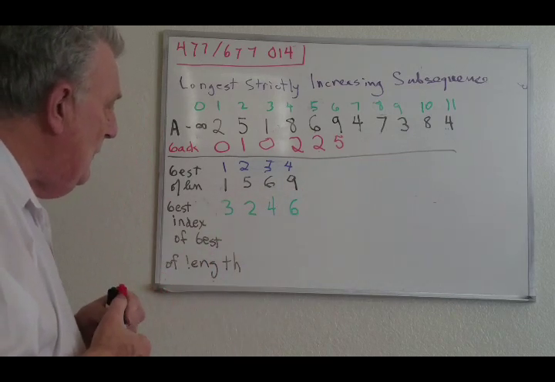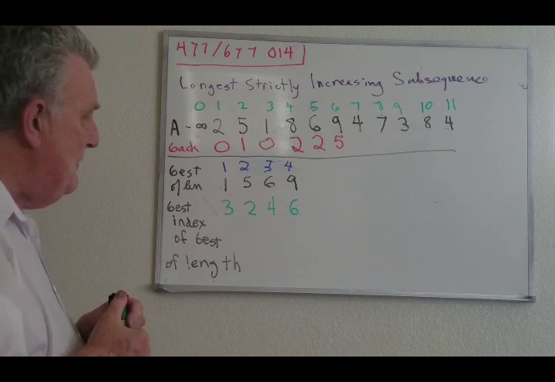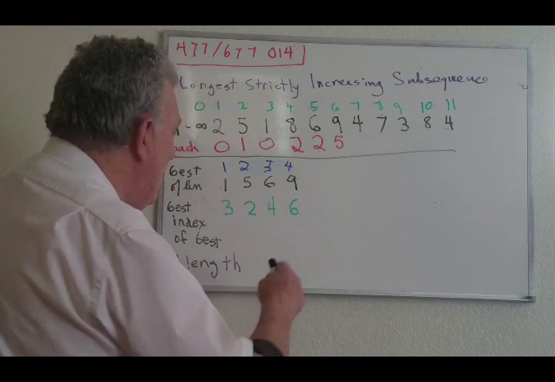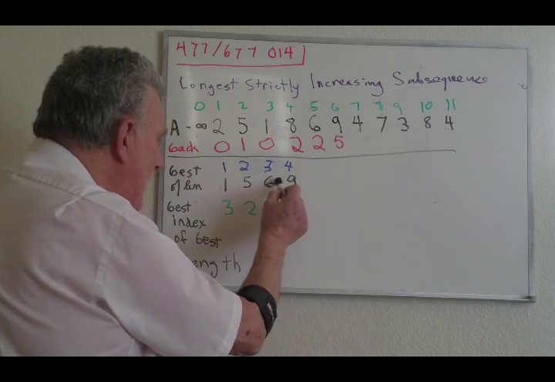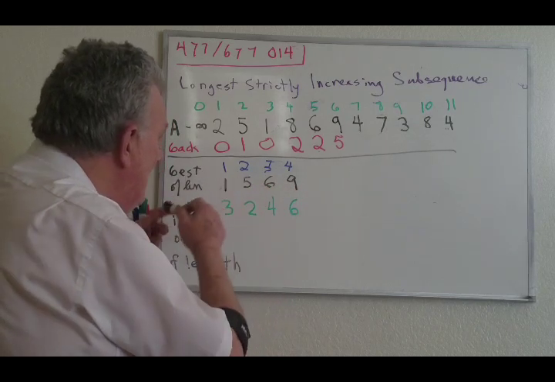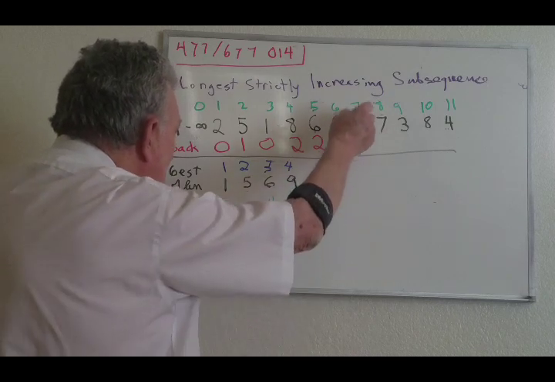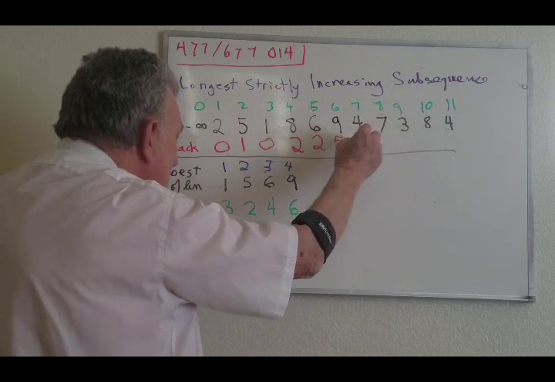All right, now we'll proceed here with the next number, which is a 4. Now 4 is in position 7. In order to get its pointer, I have to go all the way back to this one, which is a 1, which means that the back pointer for 4, which is in position 7, is the number in position 3.